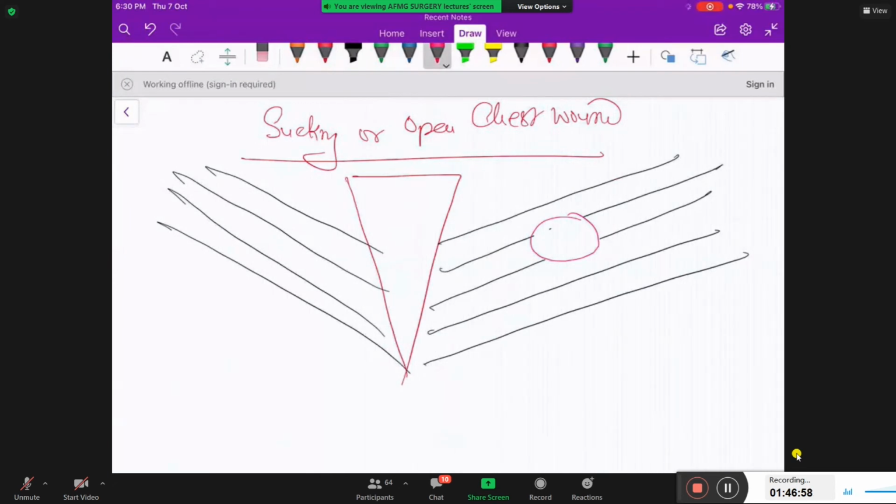So in this scenario, the immediate next step, very important, this can be a question again in exam: immediately cover this wound with a dressing. But after covering it, this is something important.